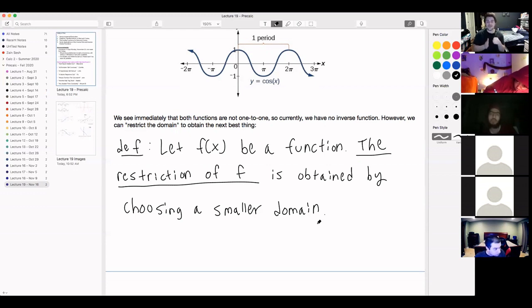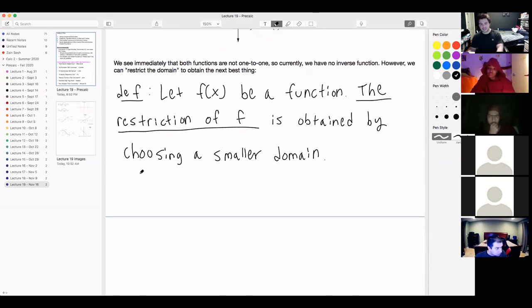That's what the restriction of a function is. You just view it when its domain is a subset of its original domain. So you just restrict the x values that you're plugging in. This will be clear with an example. Let's actually restrict a function and see what this means.